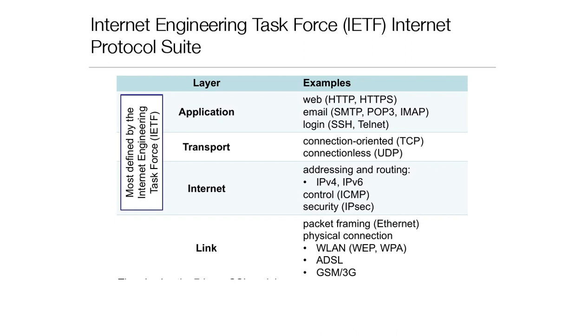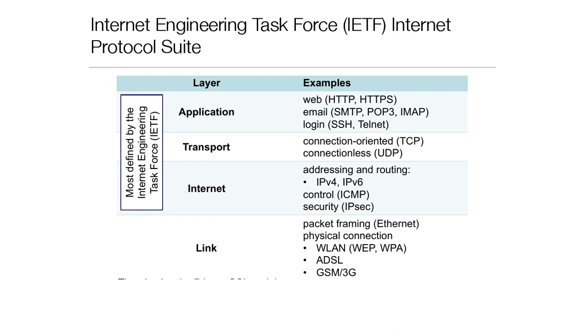The link layer is actually the linking between the device and the outside network. So packet framing, physical connection, WLAN, that can be WEP or WPA, wireless routers, and ADSL connections, everything regarding connecting the device to the physical channel is happening in this link layer.